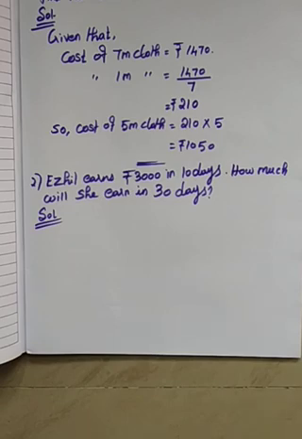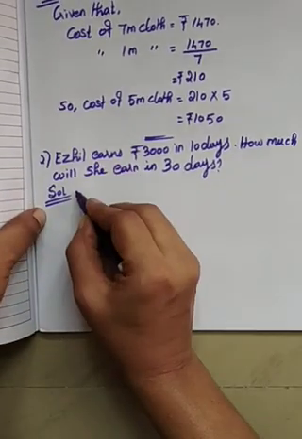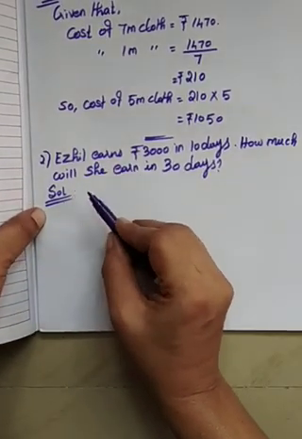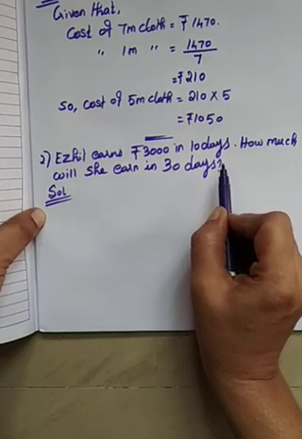So similarly, the same procedure. First you have to find money earned in 1 day by Elil. After that you have to find what Elil earns in 30 days. Okay, so similarly the same procedure here. You can write what is the given condition. Elil earns rupees 3000 in 10 days.